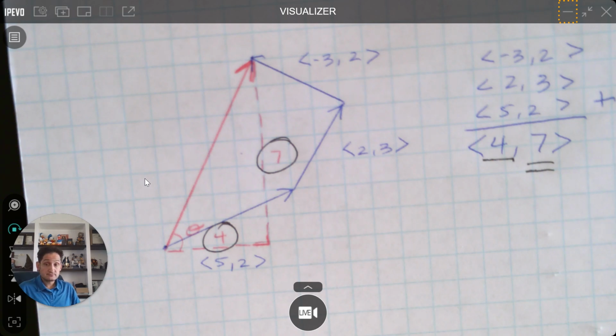Add up all of the x components, horizontals, add up all of the y components, verticals, and that is your right triangle problem that we've been doing forever. That's it.